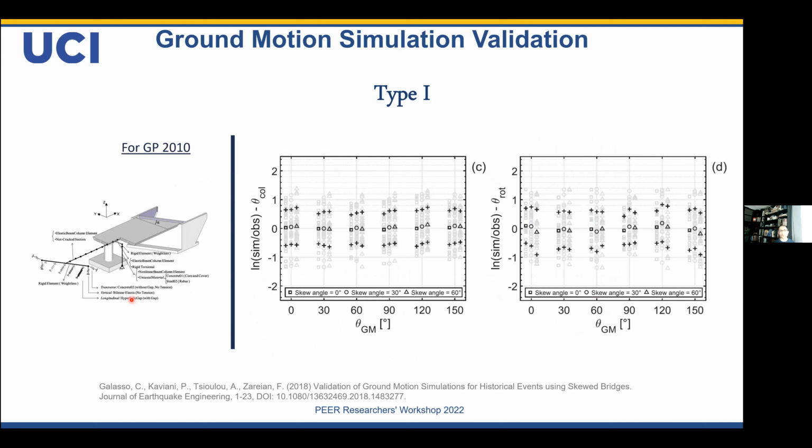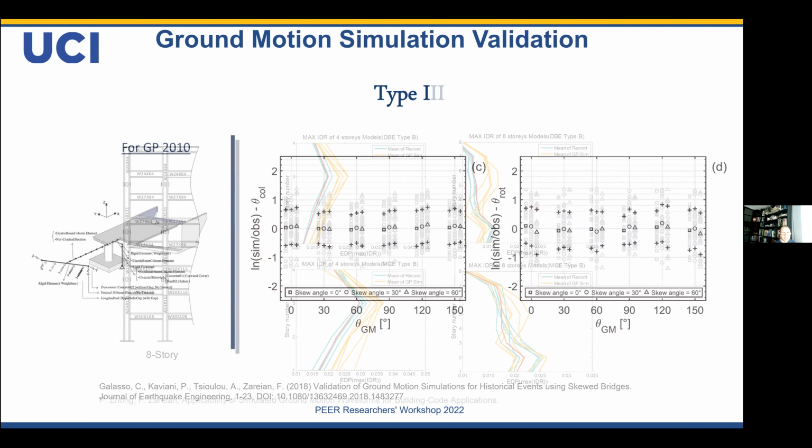We looked into two types of bridges, single column and two column, two span. And we looked into different skew angles. And consistently, we saw that averages in this particular case came out okay, maybe because the bridge had low period, but the variances are high. And the EDPs that we're looking at are the column drift ratio and the rotation of the deck.